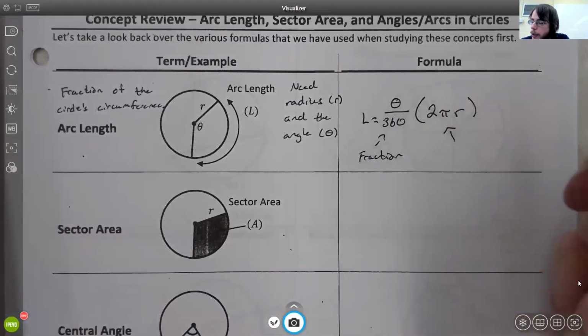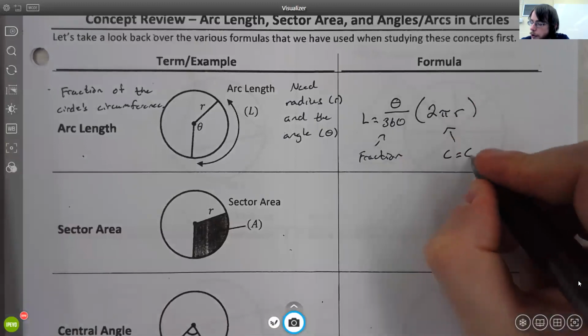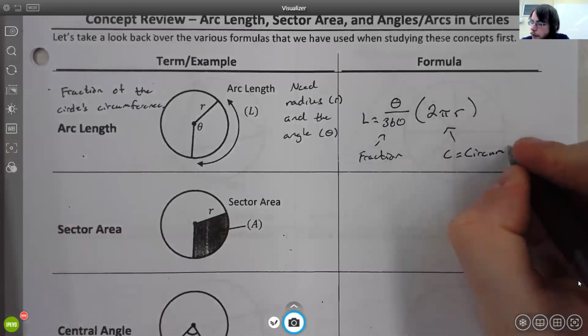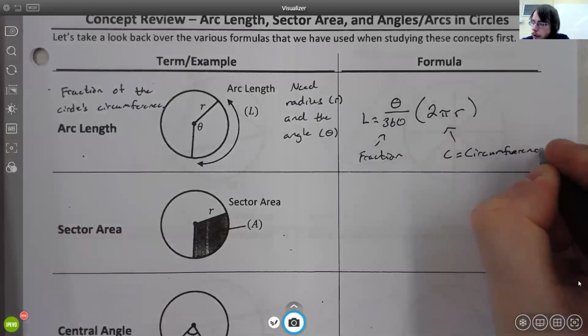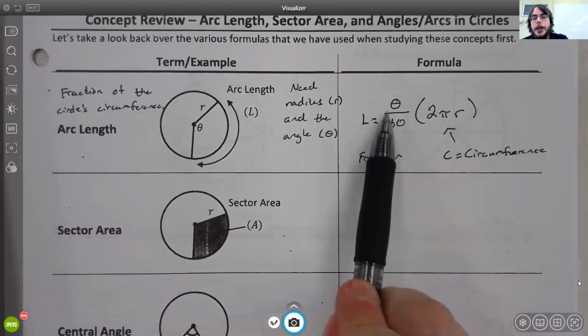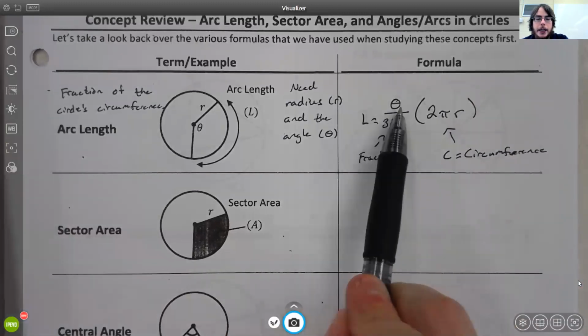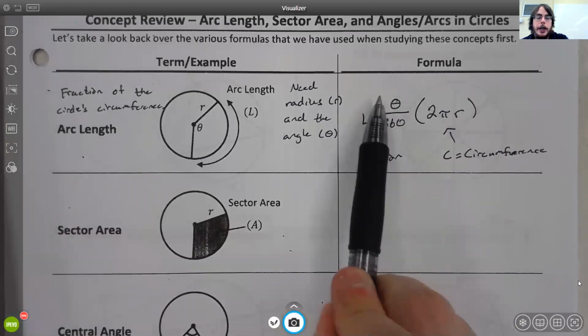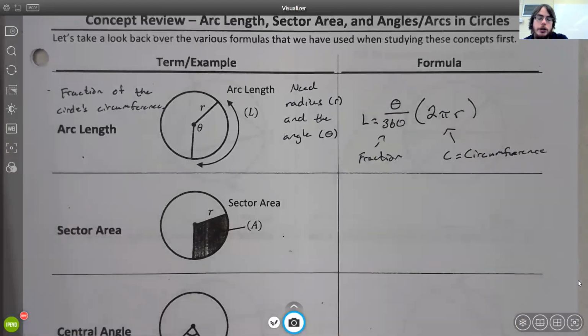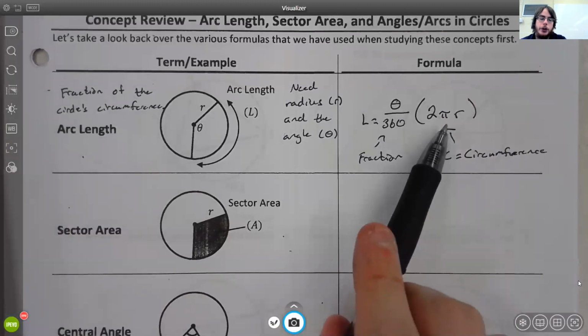So this whole thing in the parentheses is your circumference. That's why you need theta and your radius, because theta, your angle, is what you're going to have for your fraction, as well as your radius, which is needed for the circumference.